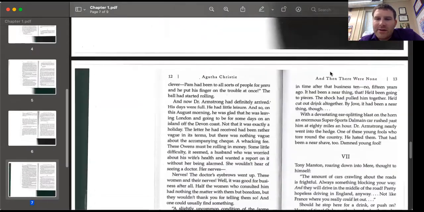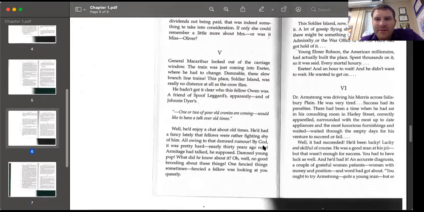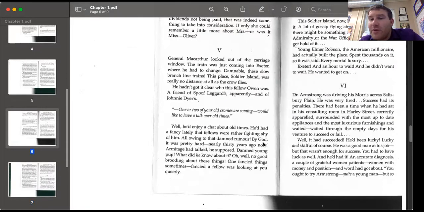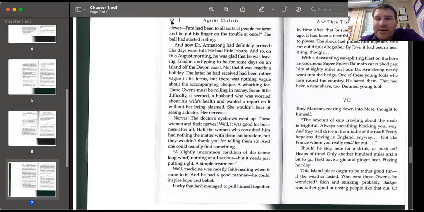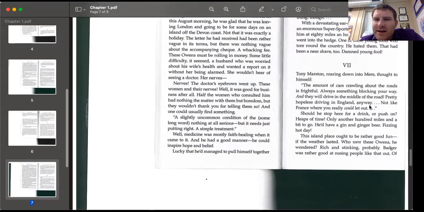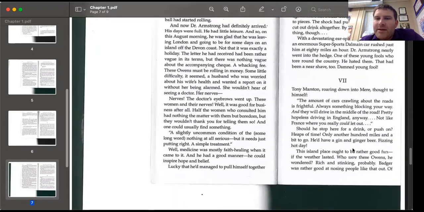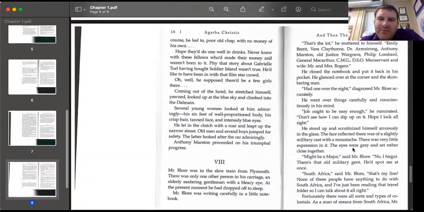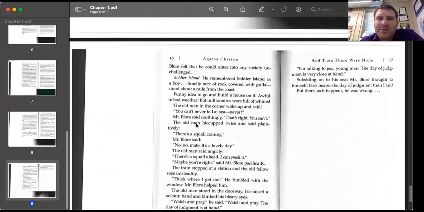And Dr. Armstrong, his big thing, once again, all these people are just telling you why they're going to the island. I would make sure to note the end of page 12, beginning of 13. From here to here, specifically, there's some information that is dropped that might help you with the prompt that you'll be doing tomorrow. Then we meet Tony Marston and why he's going to the island. And then finally, we meet Mr. Bloor.